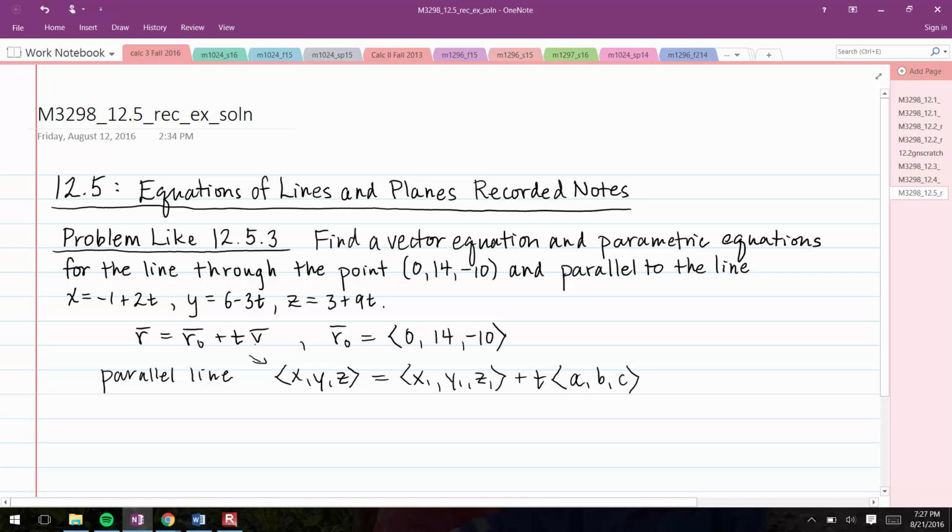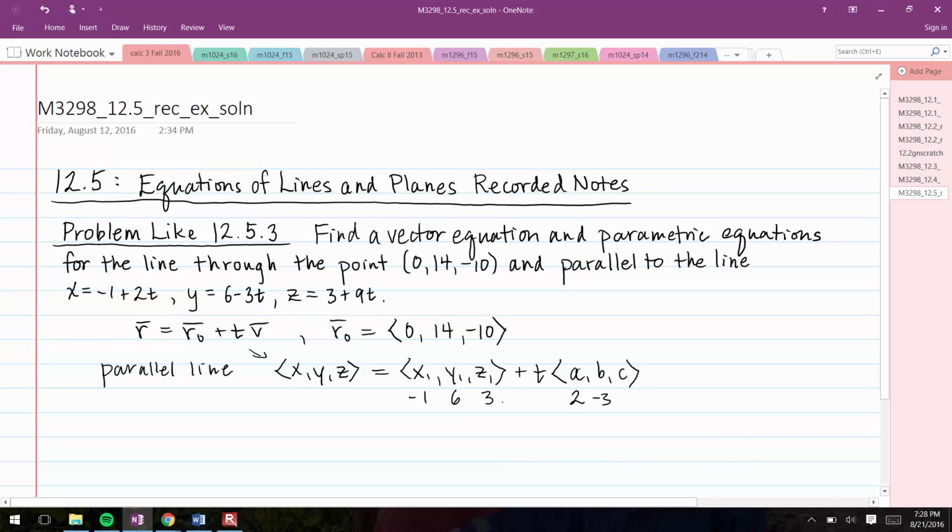With that parametric form, matching this up, x equals -1 plus 2t. Negative 1 is x sub 1, t is on the outside here, and a is equal to 2. Continuing down, y is equal to 6, which is our y sub 1, and our b is -3. Finally for z we have our 3, and we have our c equals 9.